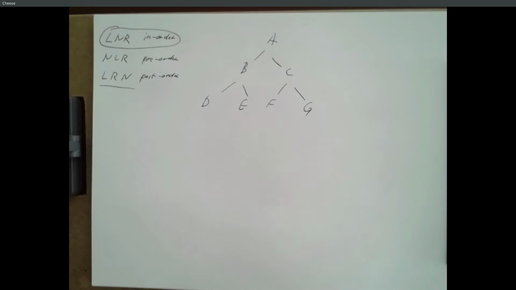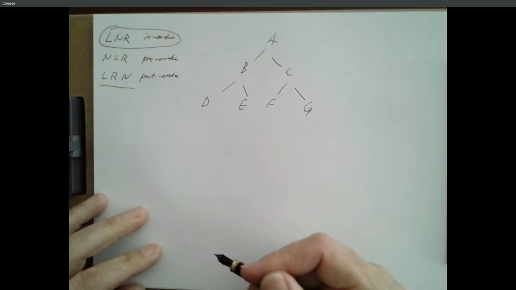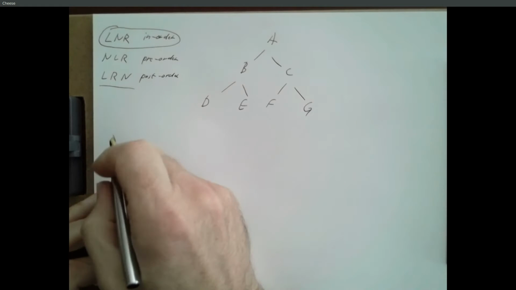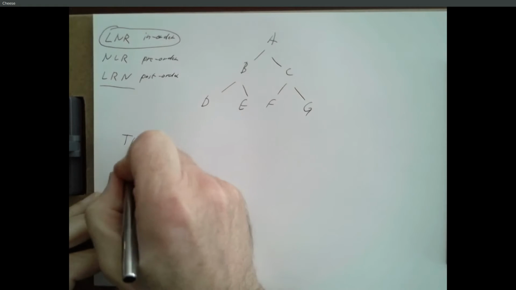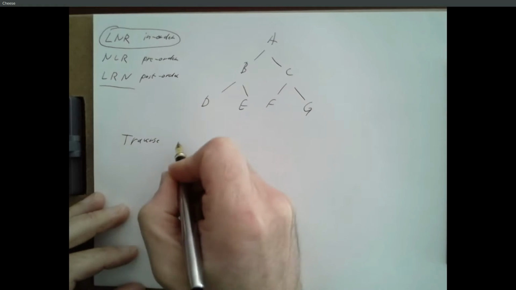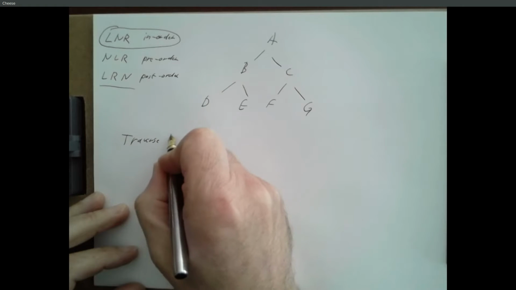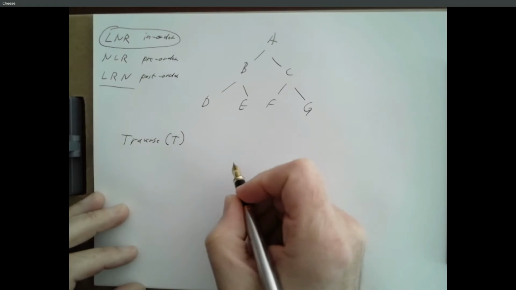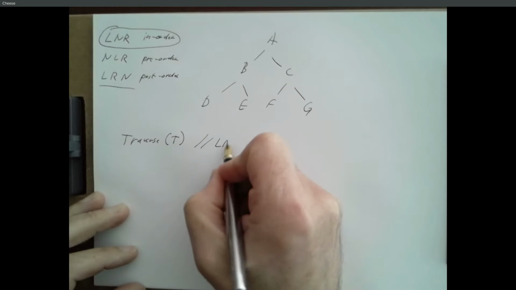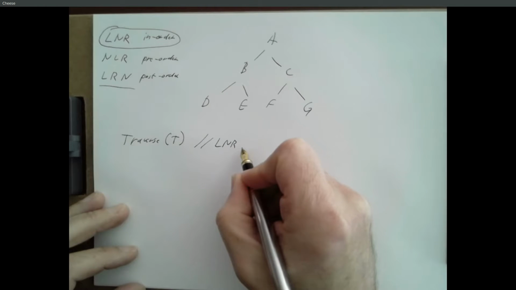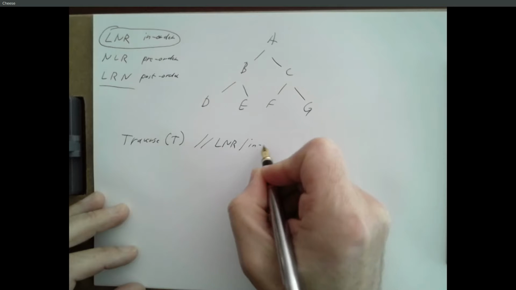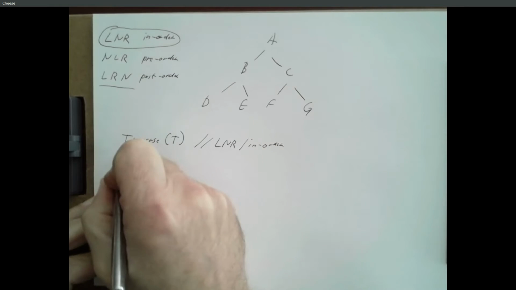The definition of traversing a tree is recursive. So LNR traversal. Let's traverse some tree T. And this is LNR in order.